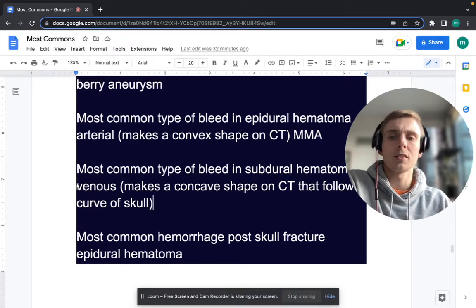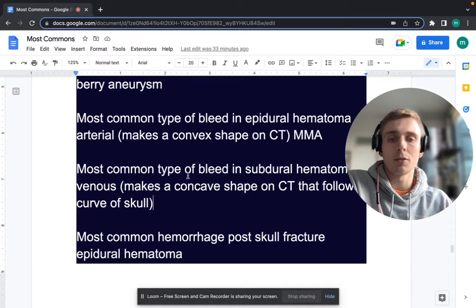And it's the veins because this is typically in more elderly patients and also in alcoholics. What's in common with elderly patients and alcoholics is brain atrophy. When the brain atrophies, it shrinks down, but the skull maintains the same size. That's going to pull on the bridging veins in the subarachnoid space, making them more taut.